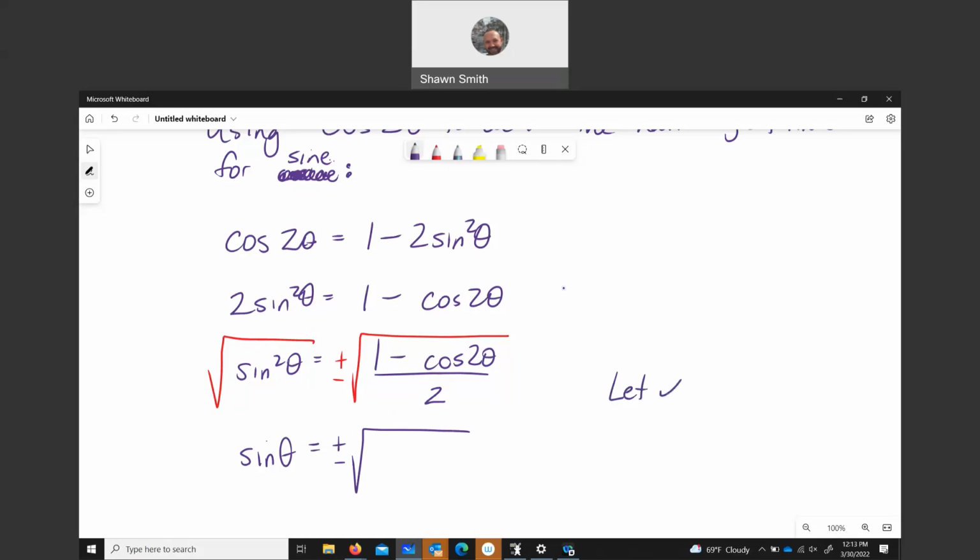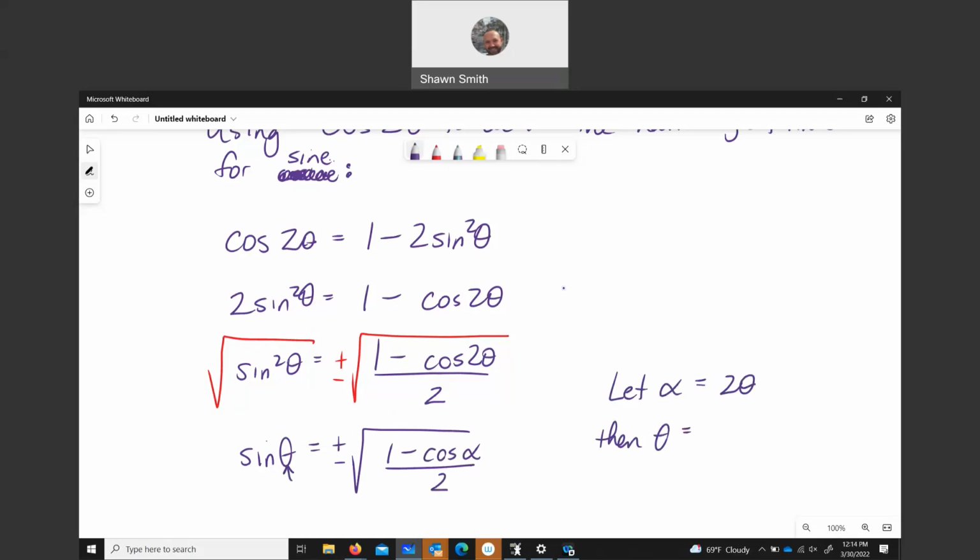Let's do this. Let alpha equal 2 theta. 2 times an angle is still an angle, right? So if alpha is 2 theta, this gives me 1 minus cosine of alpha divided by 2. And then I can replace what theta is.